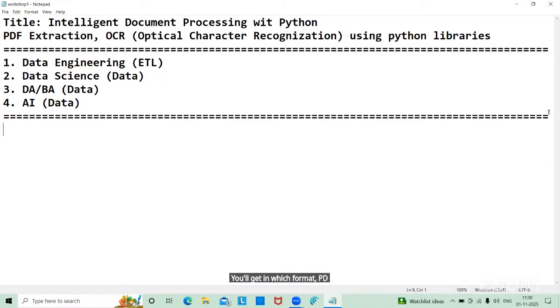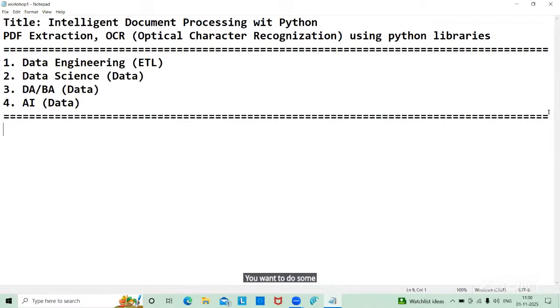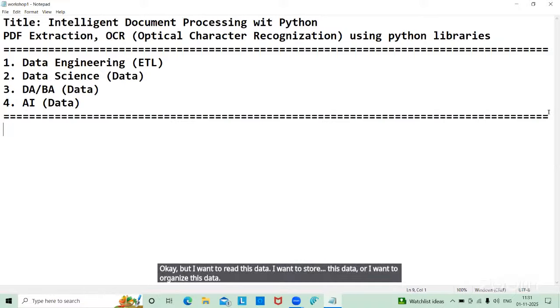PDF format, right? Suppose as a data scientist, business analyst or data analyst, you want to do some analysis on some data, but the data is available in PDF. That PDF contains tables, text, images, a lot of things. But I want to read this data and store or organize it in a structured way.